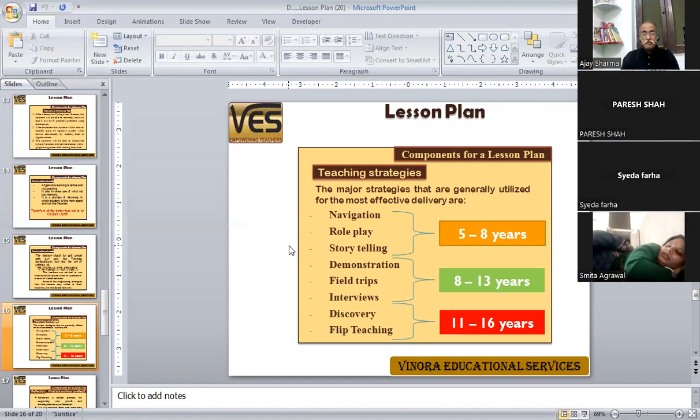These are the best strategies for a learner up to class 3, that is 5 to 8 years. For 8 to 13 years, there are demonstrations, field trips, interviews.